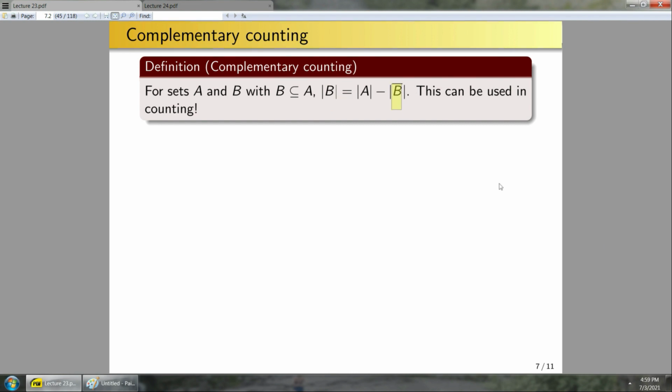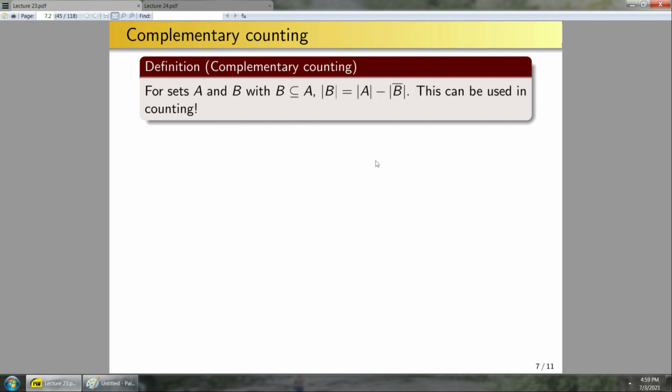So in those cases, I can use this equality here to be able to count the number of elements of B by simply finding the number of elements of B complement and doing the subtraction here.